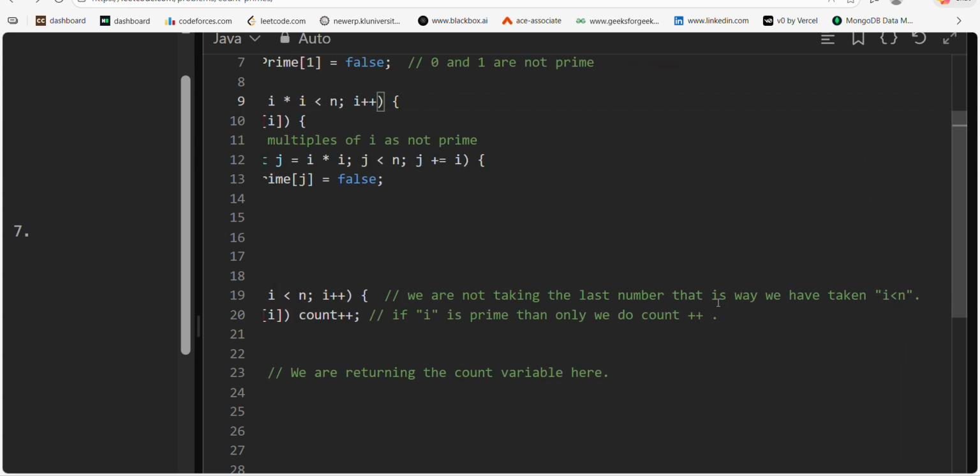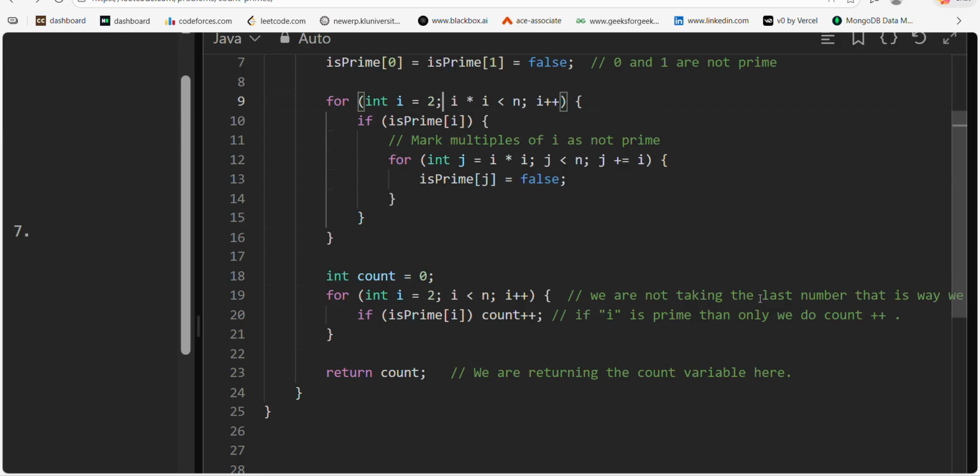If prime of i is true, then count plus plus. If the number satisfies all the conditions, meaning it is not divisible by any other number and is not a multiple of any other number, we do count plus plus and take it as a prime number. At the end, we simply return the count variable.